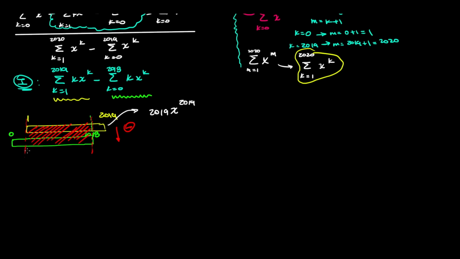And for the second sigma notation, we have the first term, which is 0 for k, so that'll be 0 times x to the 0 power, which is 0, right? So basically, this would be 2019 x to the 2019 minus 0, which is 2019 x to the 2019.